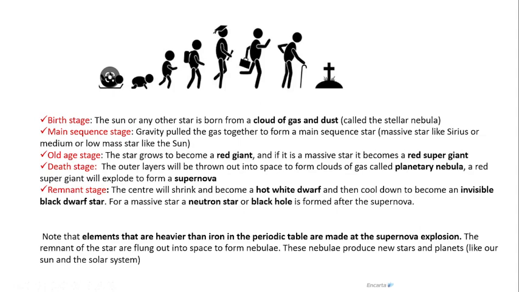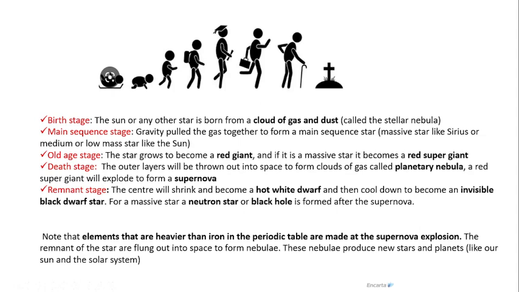At this stage, the outer layer will be thrown into space, because most of its fuel, or most of the gas involved in the nuclear fusion reaction, has been spent, so it releases its outer layer into space, which we call the planetary nebula. For a red supergiant, there's going to be an explosion, which is referred to as the supernova.